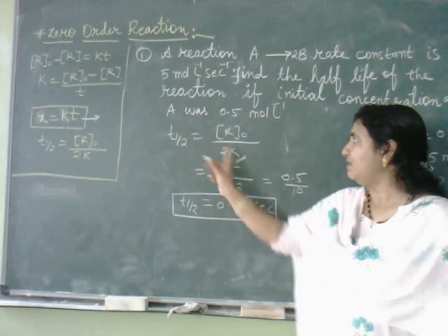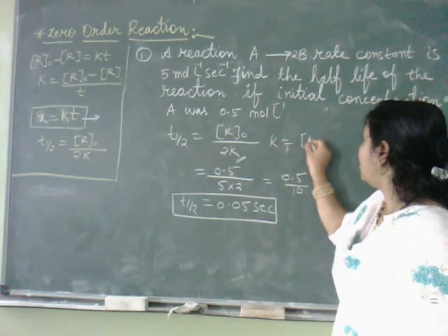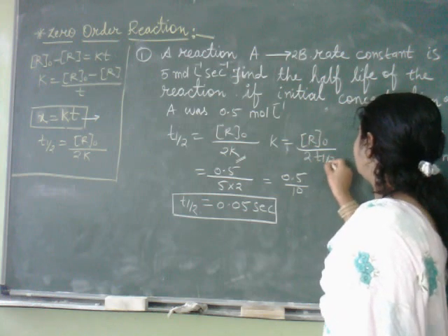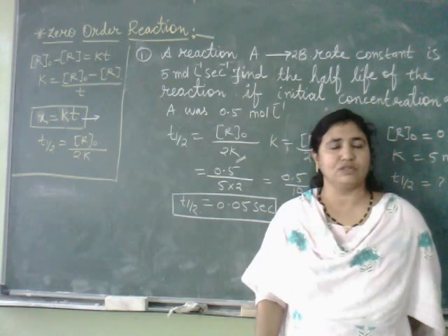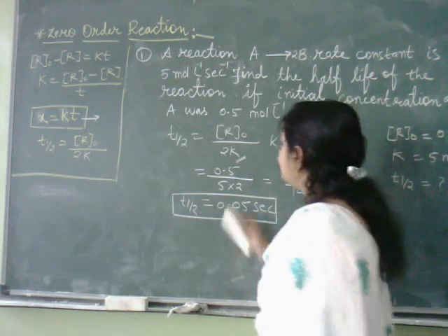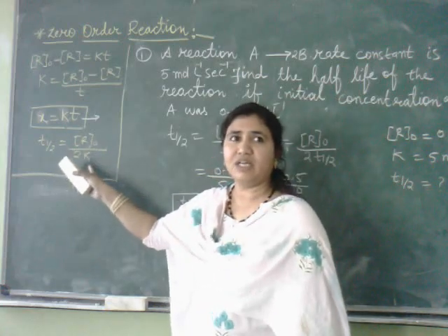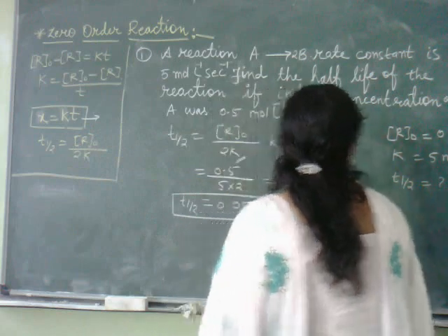Alternatively, we can use the formula for rate constant: K is equal to R naught by 2 t half. So we can find the rate constant also. This is how they can ask questions for the formula t half is equal to R naught by 2K.